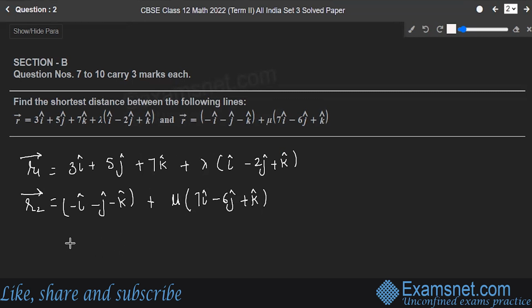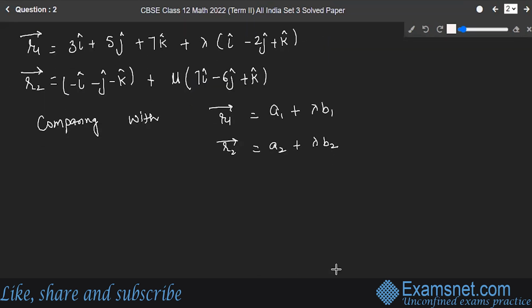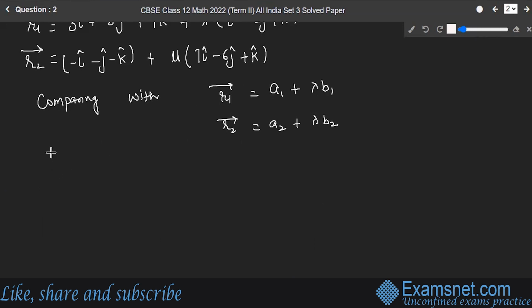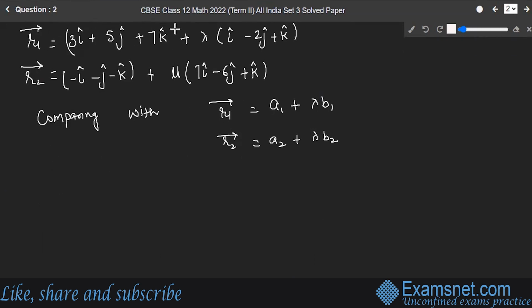Okay, now comparing with R1 is equal to A1 plus lambda B1 and R2 is equal to A2 plus mu B2. We get from here, what is the value of A1? A1 is equal to 3i plus 5j plus 7k and B1 is equal to i minus 2j plus k.